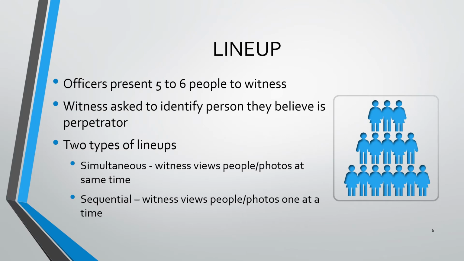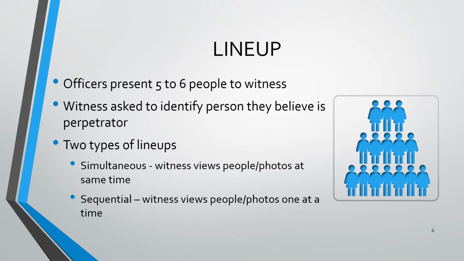A lineup is a procedure where police officers present at least 5, but usually 6 people of similar size, race, hair color, eye color, etc., to a witness, and then ask the witness to identify the person they believe is the perpetrator. There are two forms or types of lineups: simultaneous and sequential.